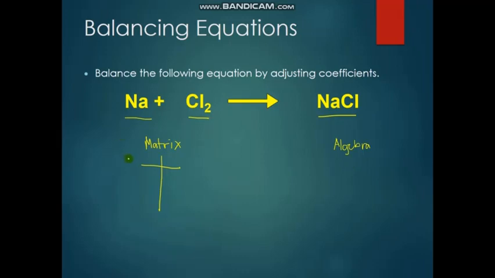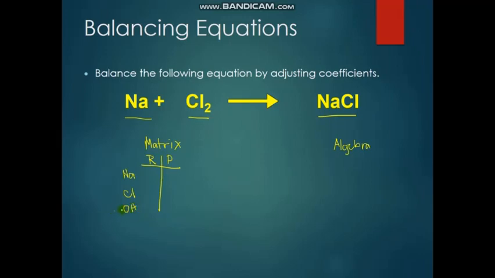Let's have first the matrix method. So the first column will be for the reactant side, and the other one is the product side. And then you are required to list down the elements. In case there are polyatomic ions, such as in our case previously, you can write the atoms as one.